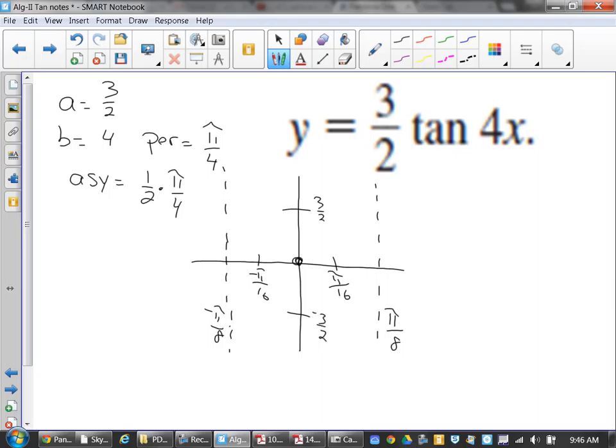Is your A value positive or negative? That means I'm increasing going from left to right. So I put a point here and a point here. That's it. You only have to do 3 points, because your 4th and 5th point are your asymptotes, if you want to think of it that way.